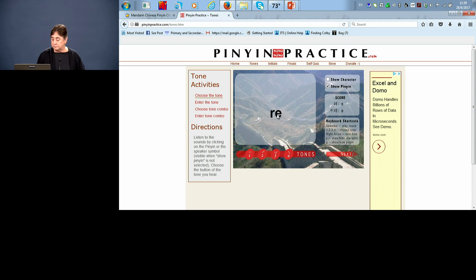You can hit this, and then you decide what tone that is, mark it. I heard fourth tone, and it will tell you doi, which is correct. If you had happened to hit the wrong tone, let's try another one. Let's listen to this. Okay. I heard third tone, but let's try first tone. See what happens. It says doi, not correct. So you'll know whether you're right or wrong, and then you can try it again.